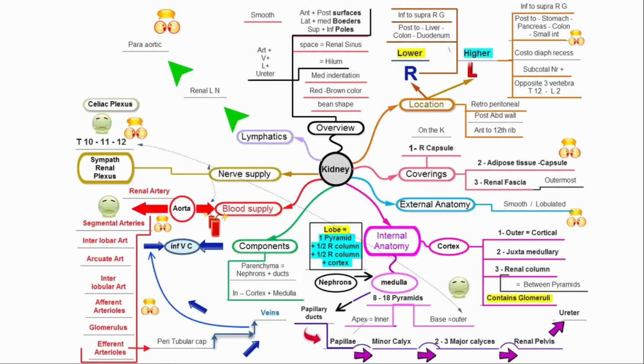The medial surface has an indentation called renal sinus, and it is the place of the hilum, and the hilum means the place where arteries, veins, nerves go in and out of an organ.